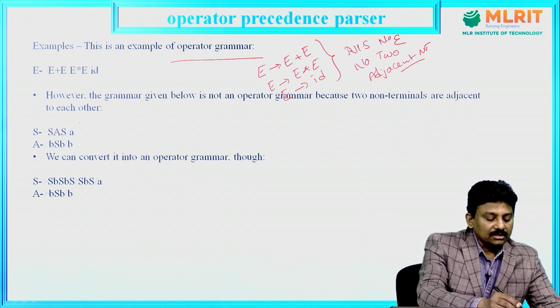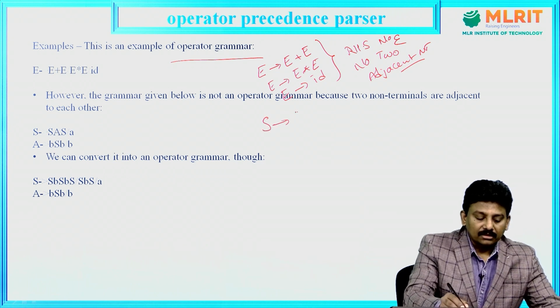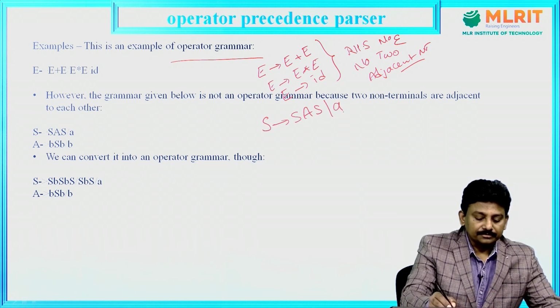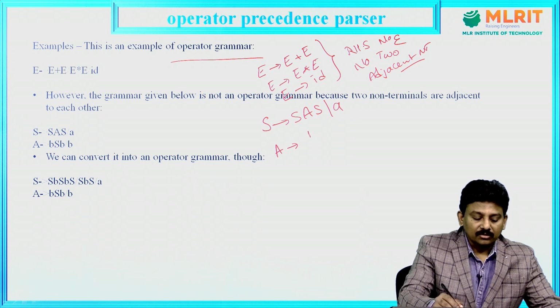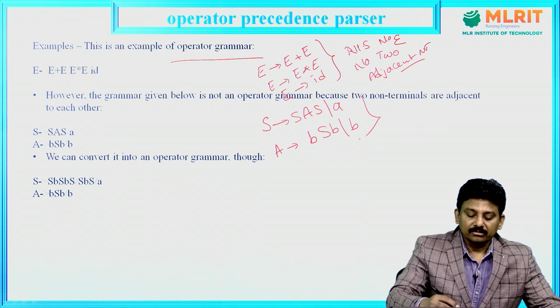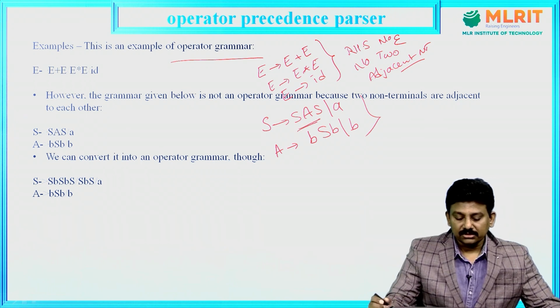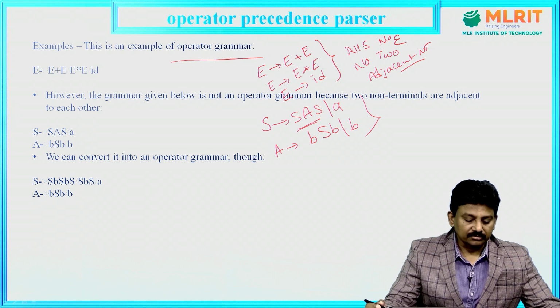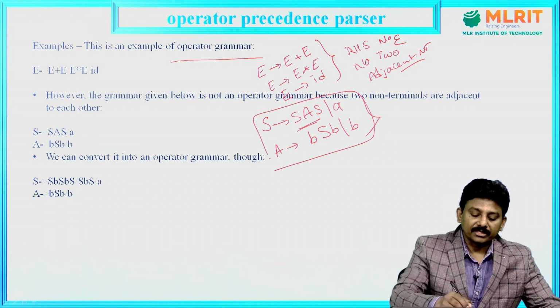But this grammar, S derives SAS, A derives BSB or B, is not an operator grammar because two adjacent non-terminals, two variables, occur adjacent. But we can convert this grammar into an operator grammar. How?